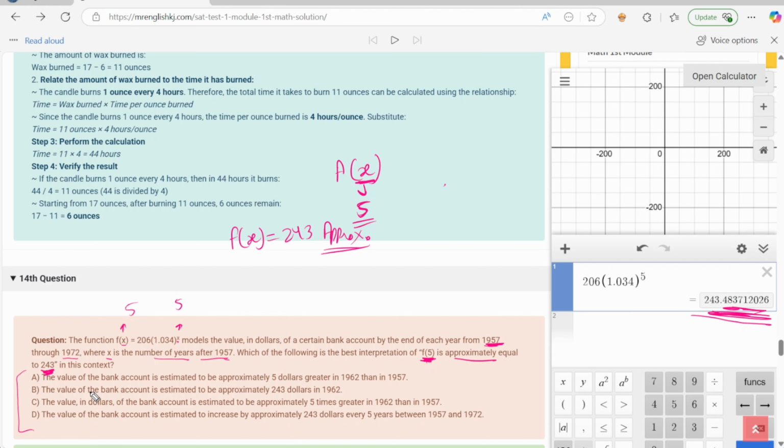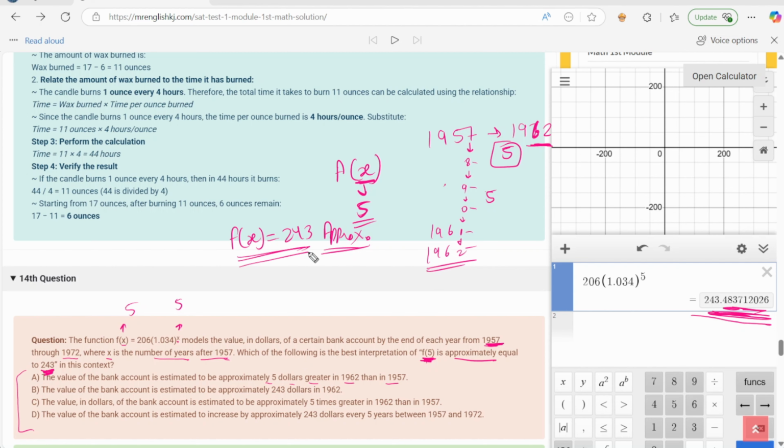A. The value of the bank account is estimated to be approximately $5 greater in 1962 than in 1957. It increased only $5 from 1957 to 1962, because 57, 58, 59, 60, 61, 62, we have a total of 5 years. So it is telling us within 5 years it increased $5. But that is not the case, right?